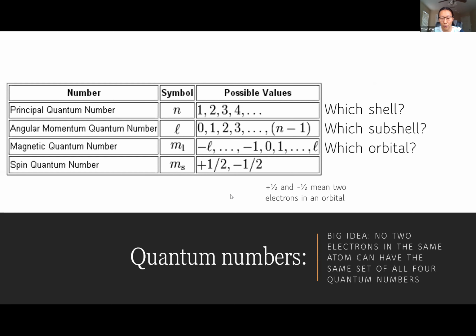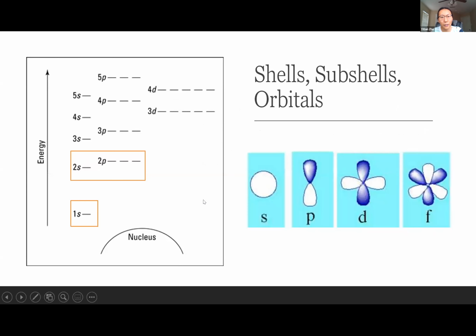So these quantum numbers kind of look like a bunch of symbols, but in actuality, they tell you which shell, subshells, and orbitals. Like we've discussed before, orbitals have different energies, and the energy is mainly determined by which shell it's in. So as you can see outlined in the orange boxes, we have the n equals 1 shell, the n equals 2 shell, and so on and so forth.